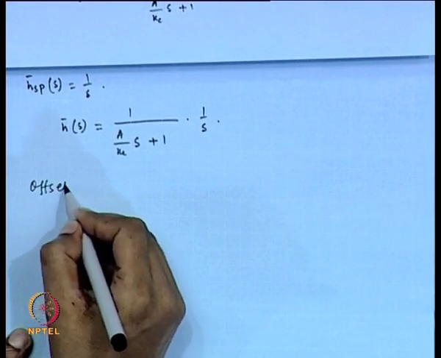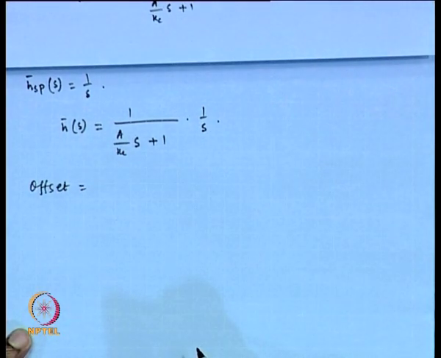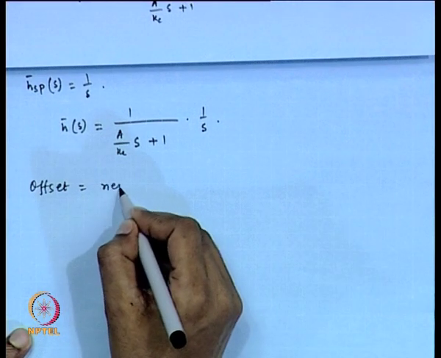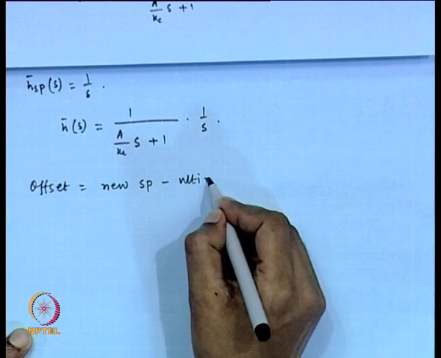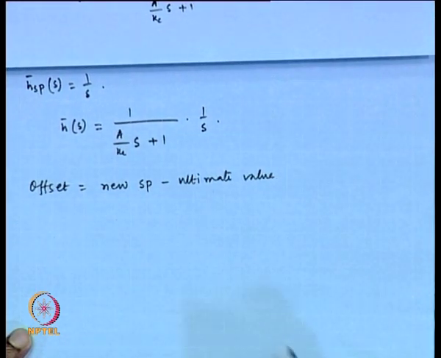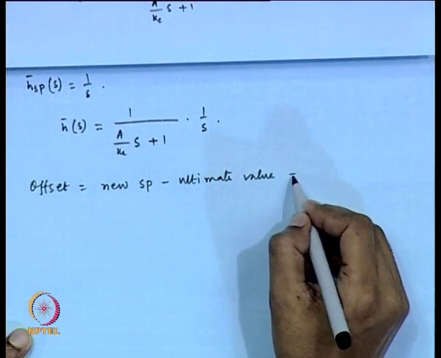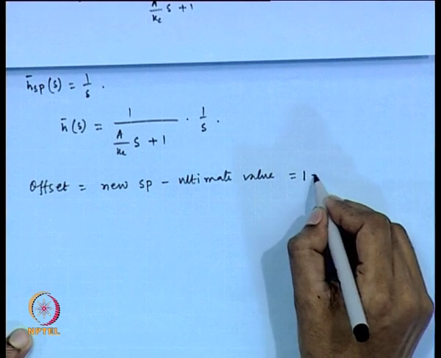So, what will be the offset? Offset we can calculate by finding the new set point minus the ultimate value of the response. What is the new set point? 1. What is the ultimate value?